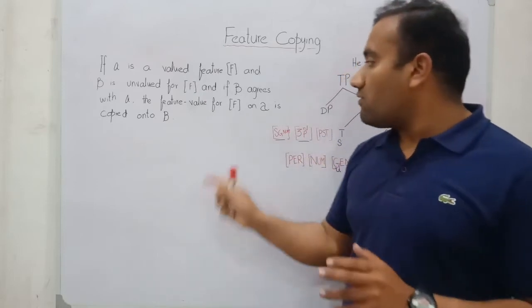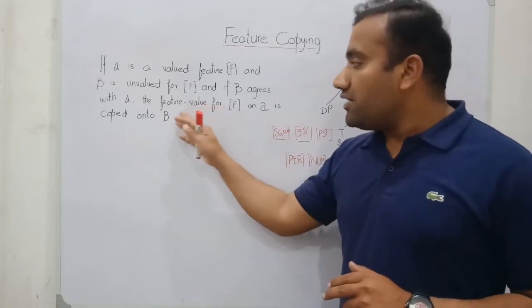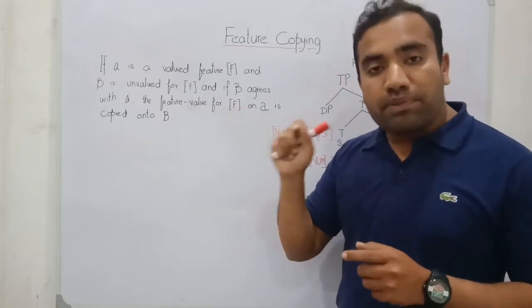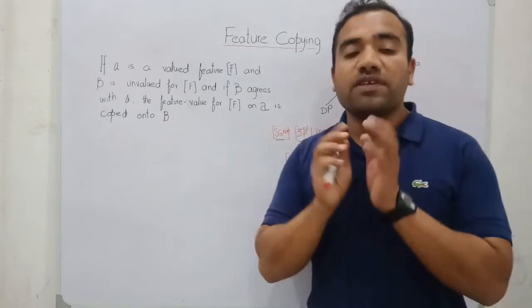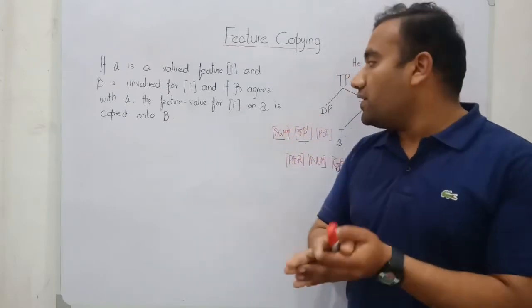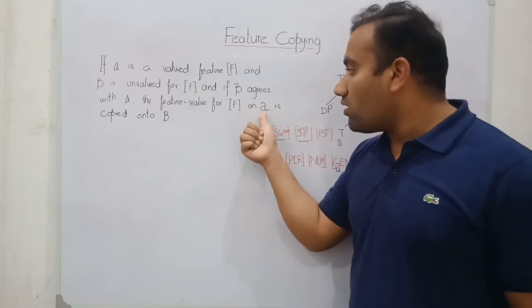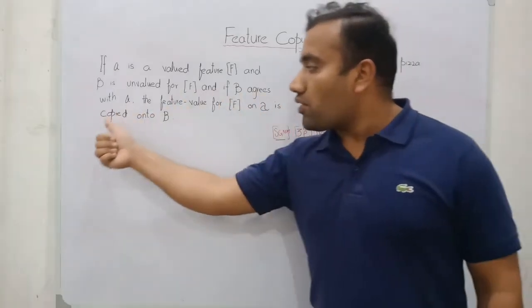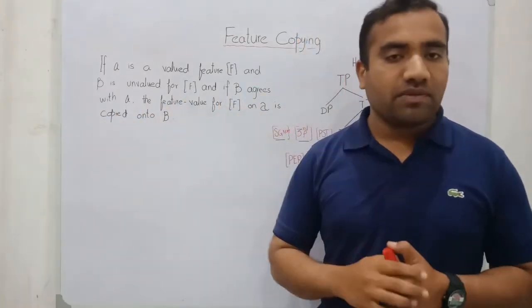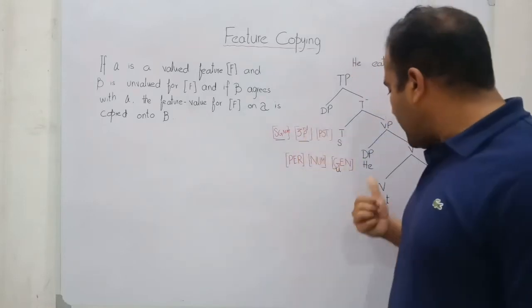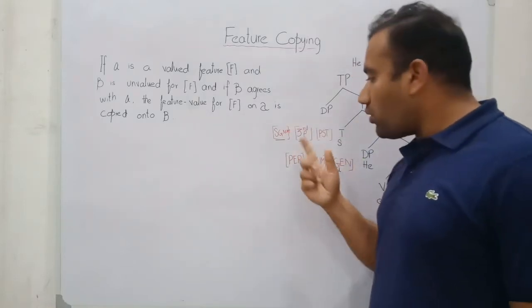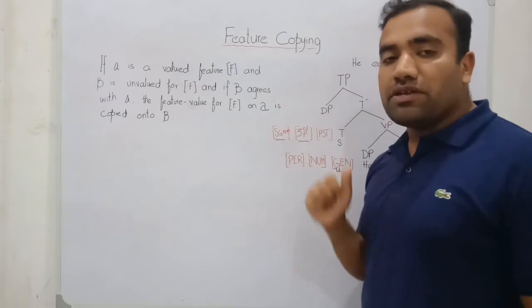The features of alpha are valued on beta, but the important thing is that the feature on alpha is copied onto beta. The features of alpha can be copied at beta.